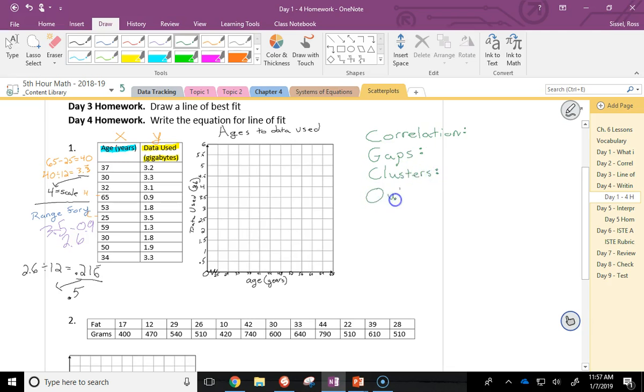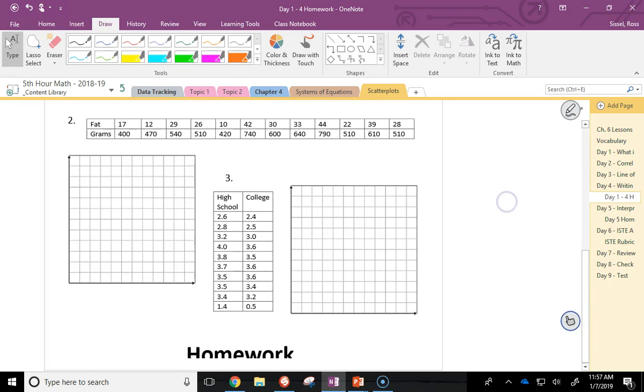Are there any outliers? And that's all you have to do. You're going to do that for each one of them, so you're going to have 3 of them. I'm going to go to number 2, and I'm going to do the same thing. Correlation, gaps, clusters, outliers. Number 3, correlation, gaps, clusters, outliers.